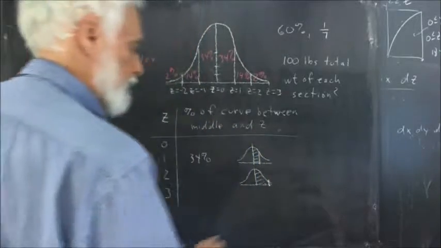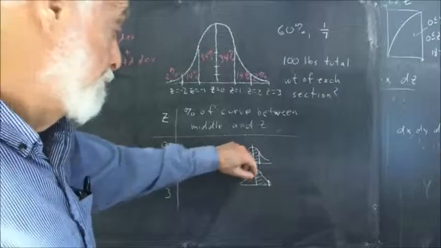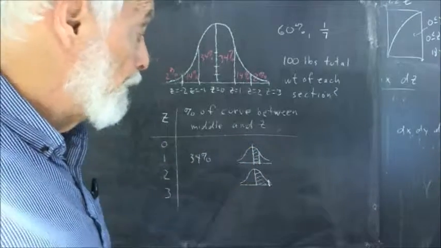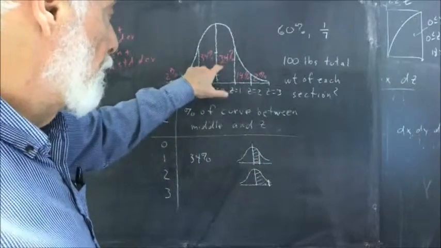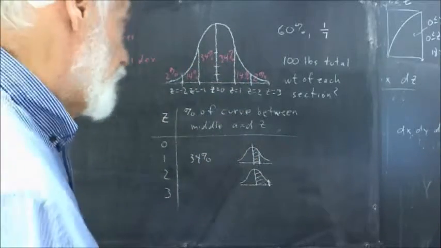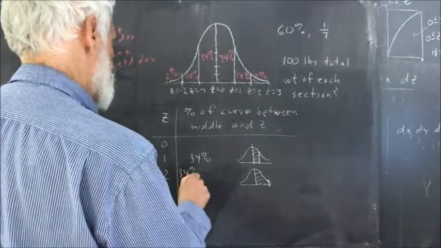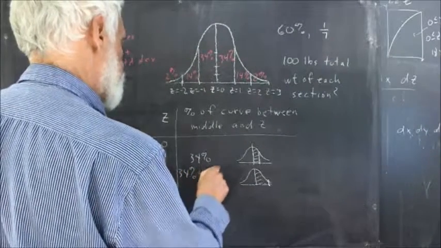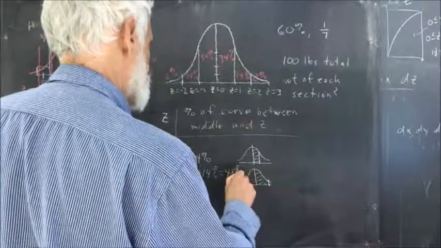Okay, and that's going to include the area between the middle and Z equals 1, as well as the area between Z equals 1 and Z equals 2. It's going to include this area, and that adds up to 34% plus 14% equals 48%.